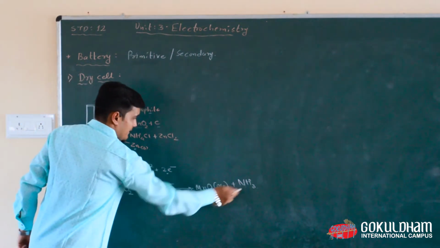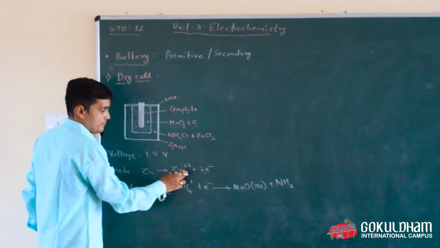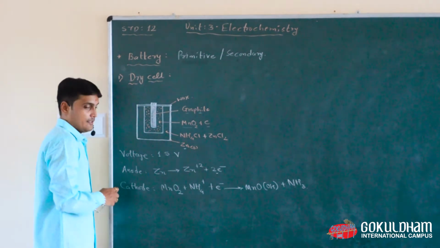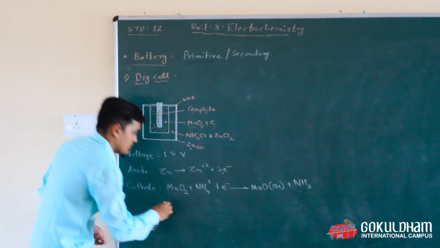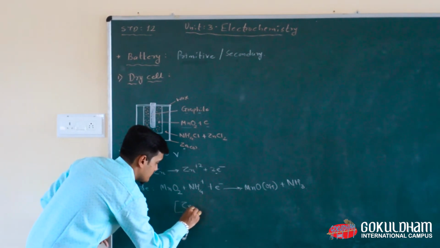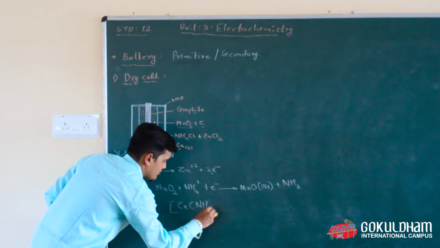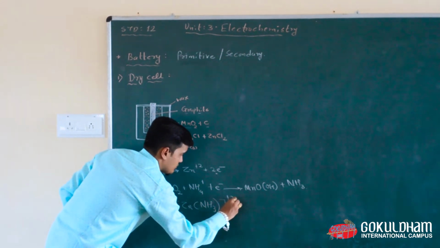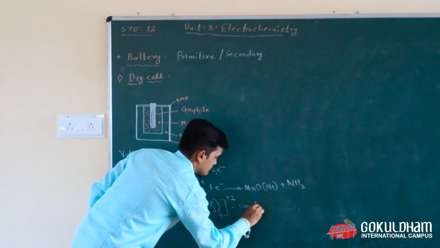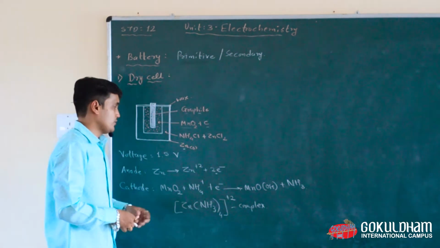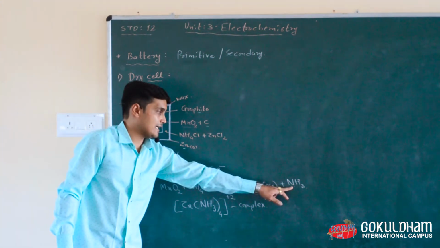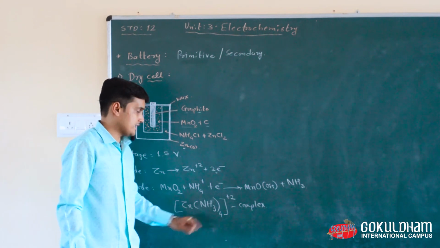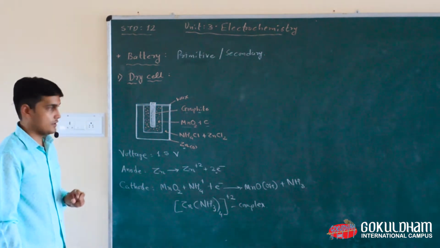This ammonia makes a complex with Zn2 plus ion. During the chemical reaction, the ammonia reacts with Zn2 plus forming the Zn(NH3)4 2 plus complex.